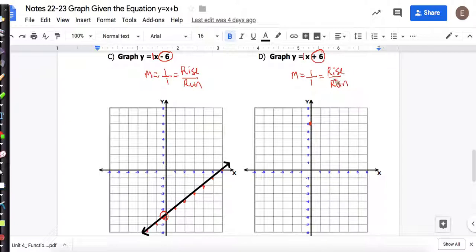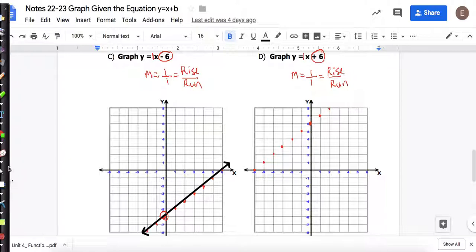And we're going to go up 1 over 1 from the point positive 6. So up 1 over 1, up 1 over 1, then down -1 over -1, and down -1 over -1.